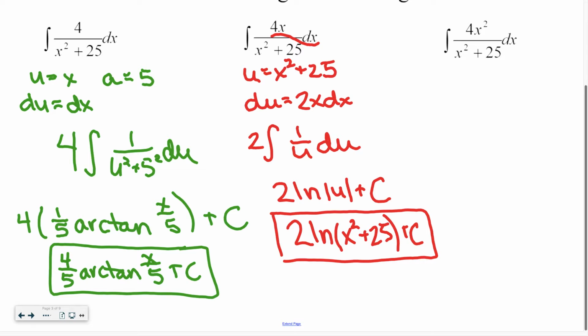However, 4x squared compared to x squared plus 25. We have an improper fraction. Do you see why it is improper? Both the numerator and the denominator will go to infinity, but 4x squared is going to be larger than x squared plus 25 after only a few values.